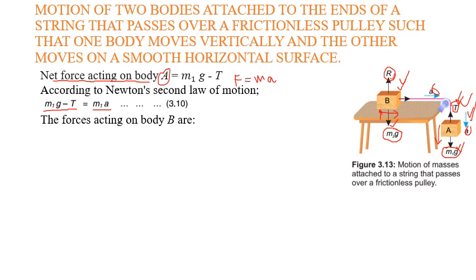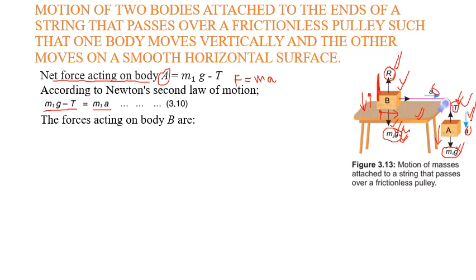So this is the action, which is the weight of the body, and in reaction this table will also apply an equal force. Remember, equal, because there is no motion in the upward or downward direction, right? If there is no motion, it means both these forces are equal and cancel out each other. So the reaction and the weight are equal, and there is no net force in the vertical direction.